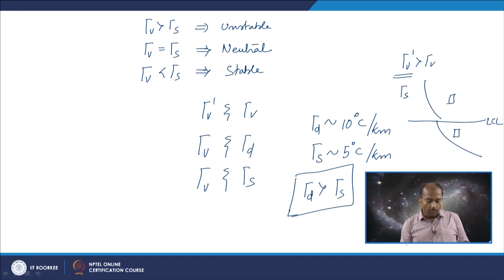So, we can combine these three conditions and rewrite the stability conditions in a more appropriate way. For example, if gamma V, the lapse rate of the environment, is greater than gamma d, which is almost 10 degrees Celsius per kilometer, it is also greater than gamma s.